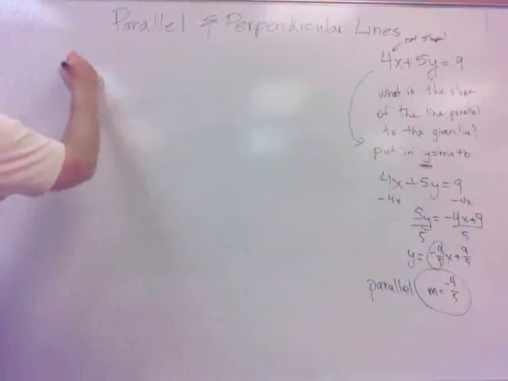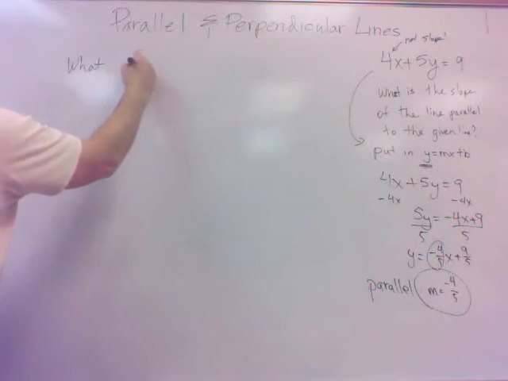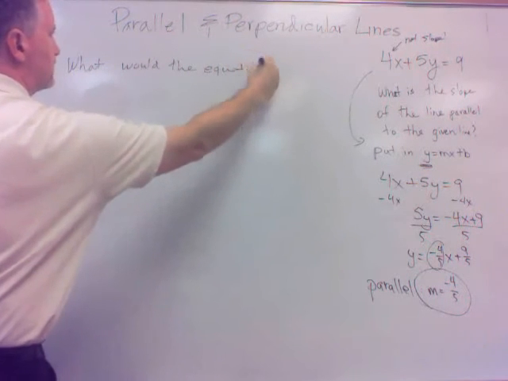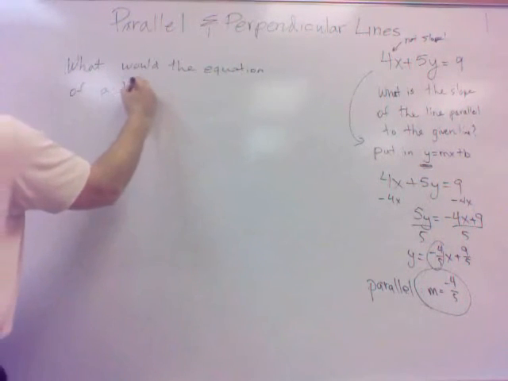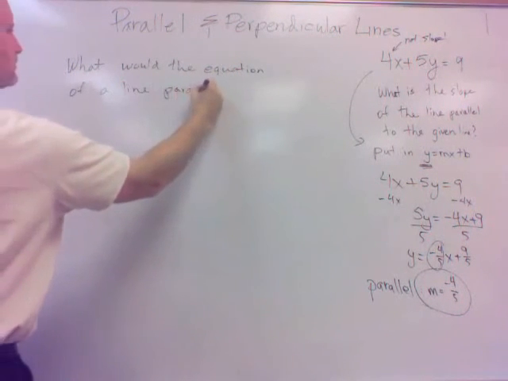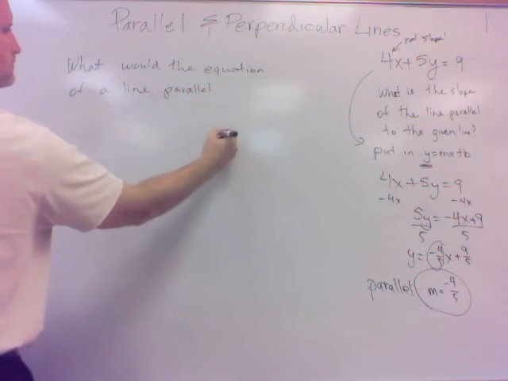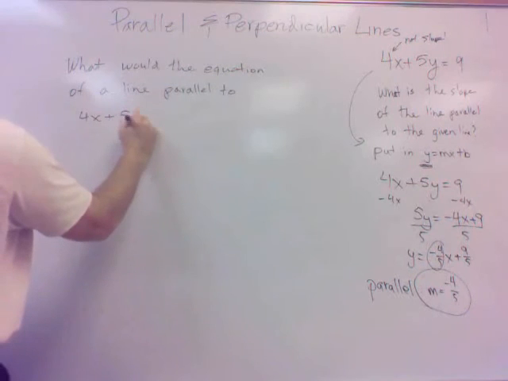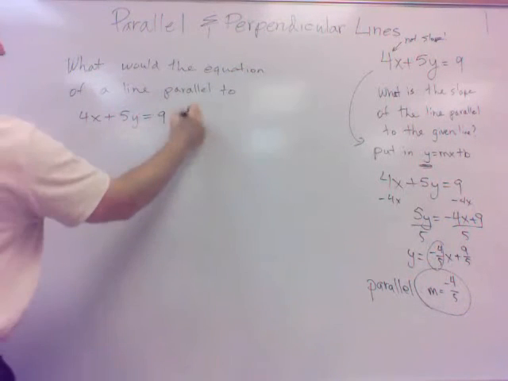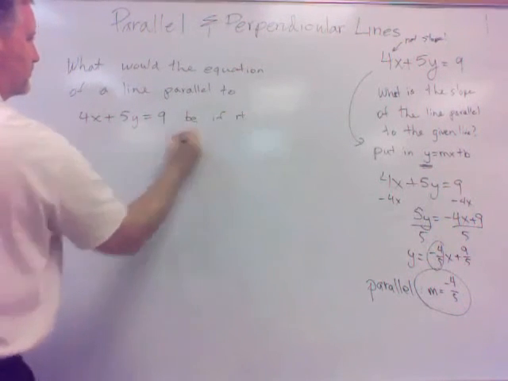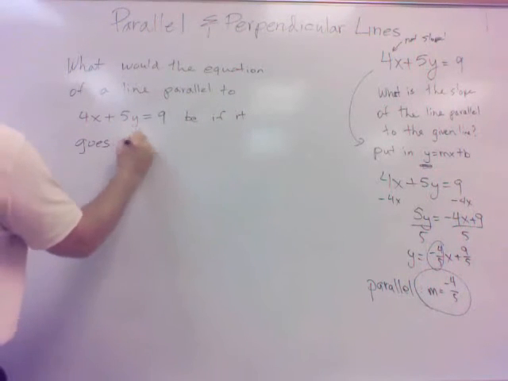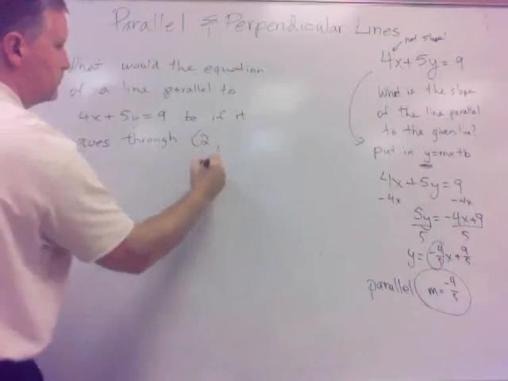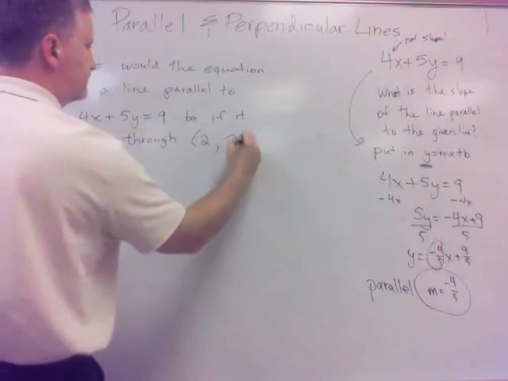So what would the equation of a line parallel to 4x plus 5y equals 9 be if it goes through the point (2, 7)?